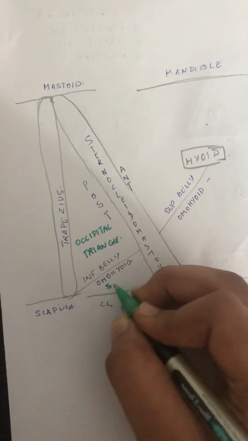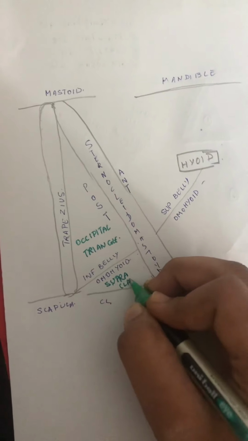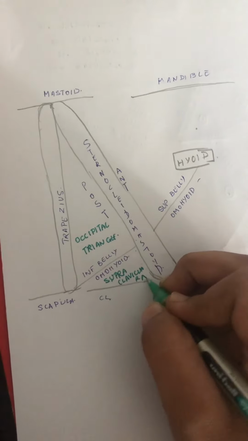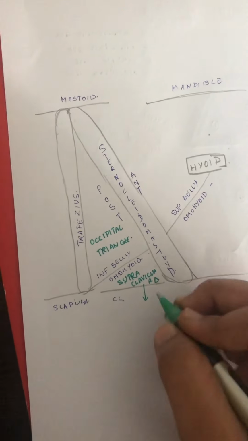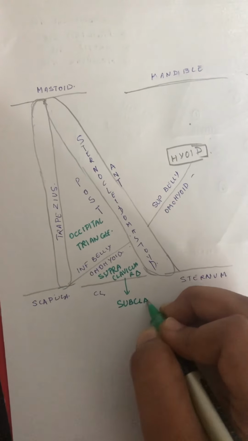So it's called as supraclavicular triangle, also called as subclavian triangle.